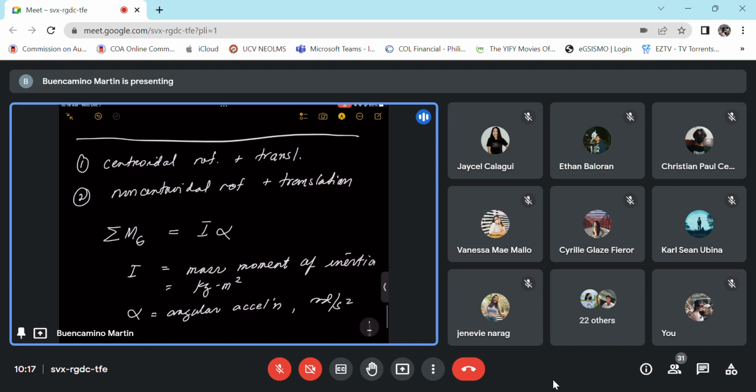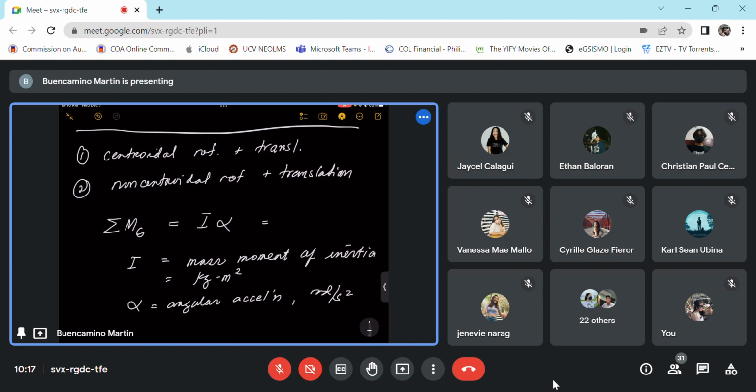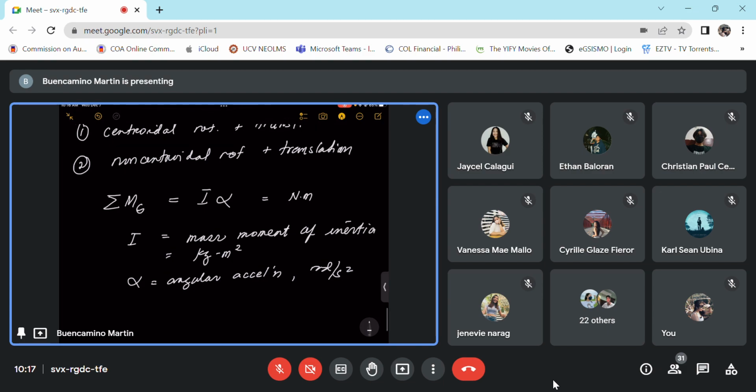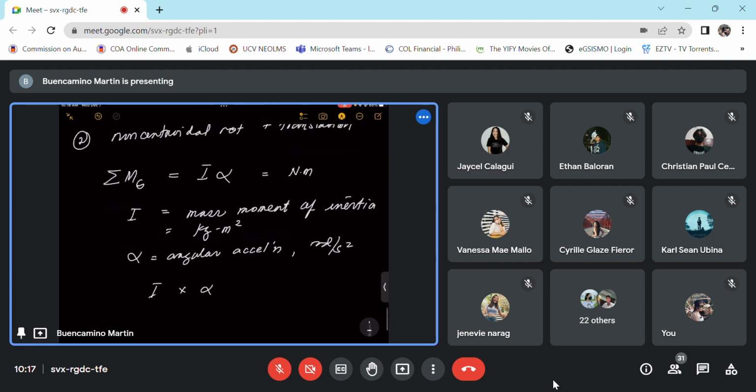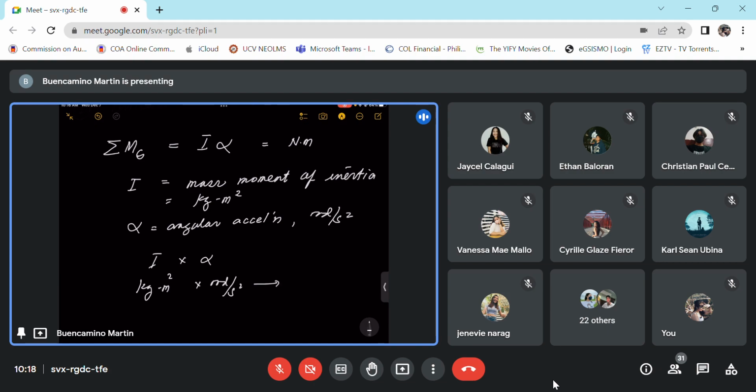So our moment would have a unit of Newton meter. Looking at the units of I times alpha, we have kilogram meter square times radian per second square, which results in kilogram meter square per second square.